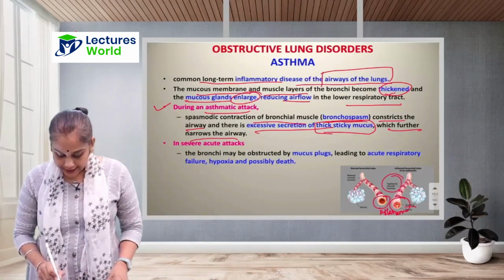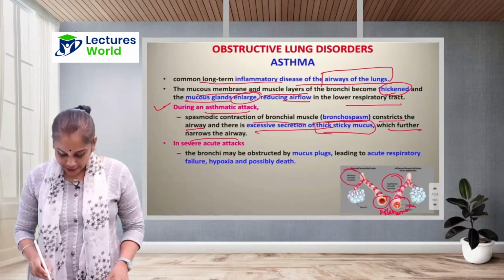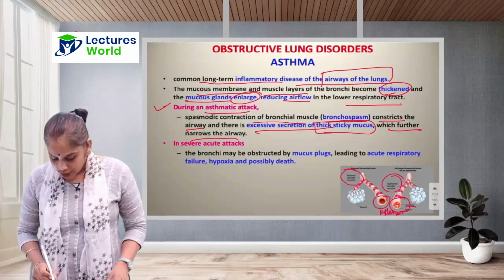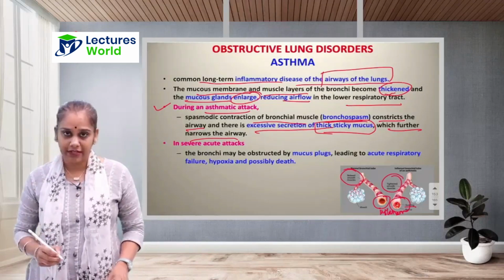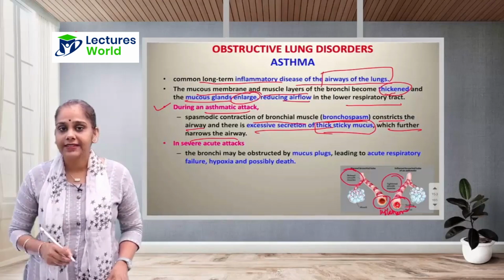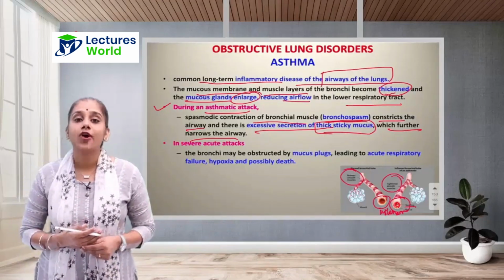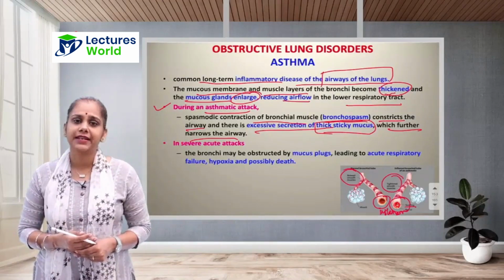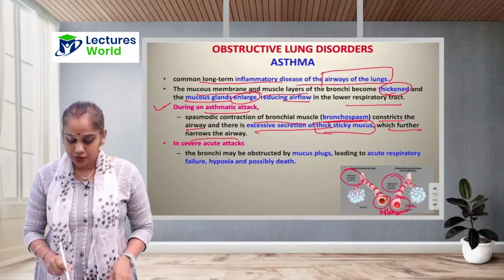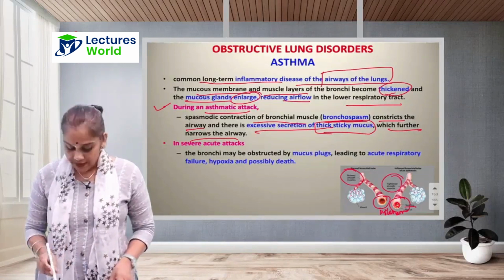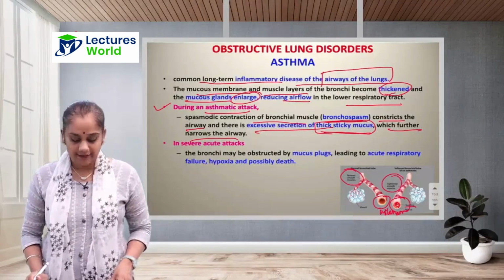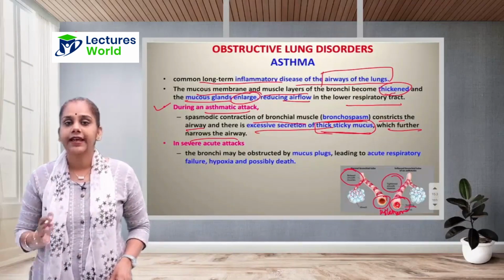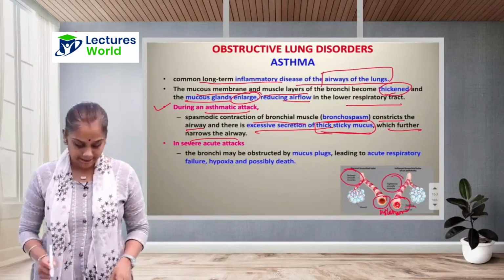Here there is a relaxed smooth muscle. Because there is a low diameter in the bronchi, that's why they cause shortness of breath or asthmatic attack, with bronchospasm and more mucus secretion. So they narrow the airway, and because of that there will be shortness of breath.